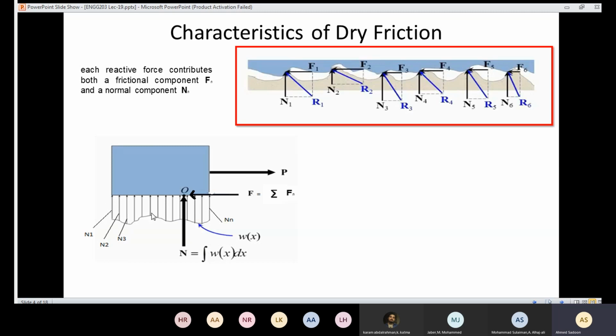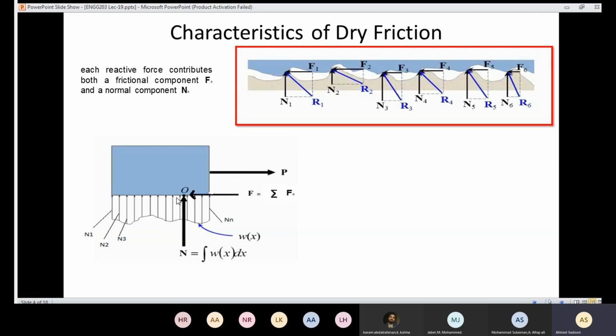So in order to get the resultant force, the resultant is not going to be in the middle, because the resultant force is going to be applied at the center of gravity of the distribution. Since the distributed force is not equal at each point, the point of application is going to be arbitrary.